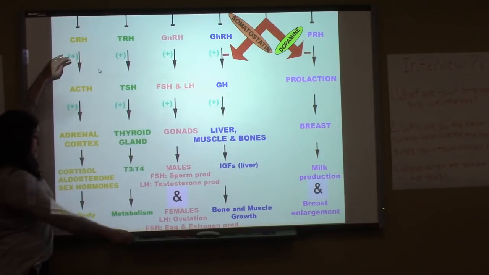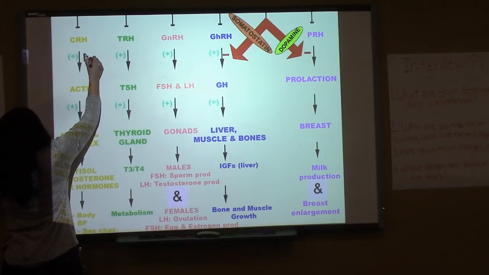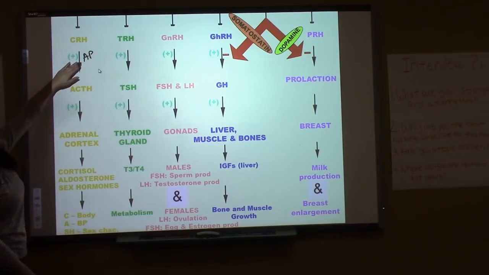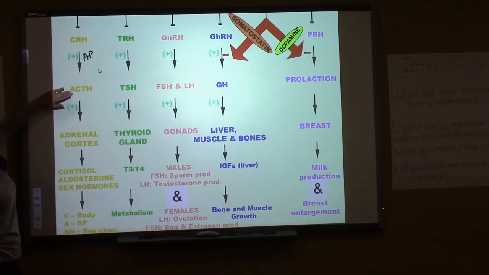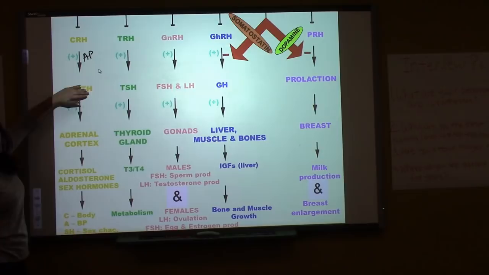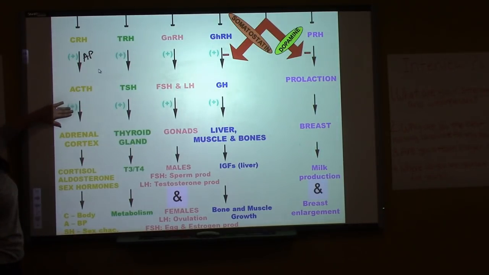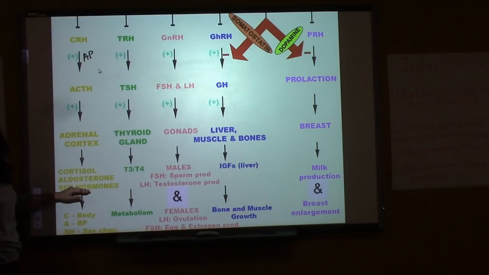CRH will now stimulate the anterior pituitary to release a hormone called ACTH, adrenocorticotropic hormone. ACTH will now stimulate the adrenal cortex. The adrenal cortex in turn will release 3 hormones: cortisol, aldosterone, and sex hormones.